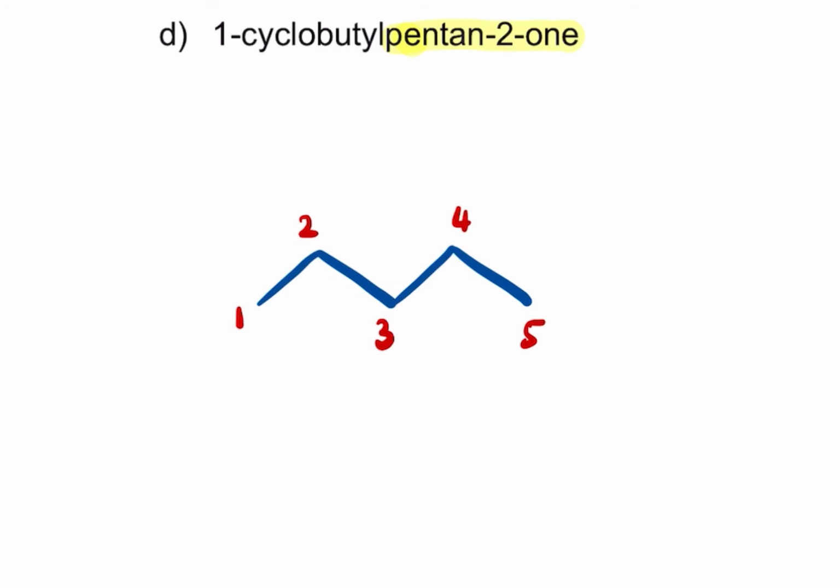So put the double bond O at carbon number 2. So I have 2-pentanone. And next, at carbon number 1, I have cyclobutyl. So put the bond first, and after that show the cyclobutyl, the square shape. So that settles structure D.